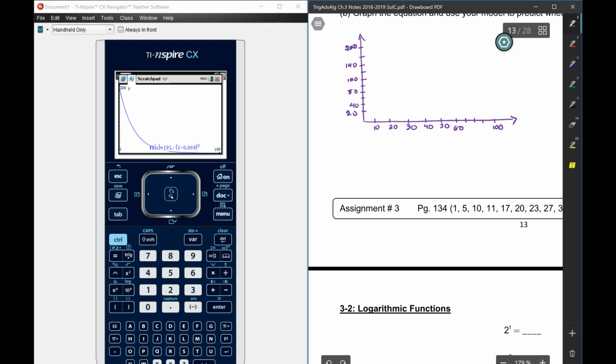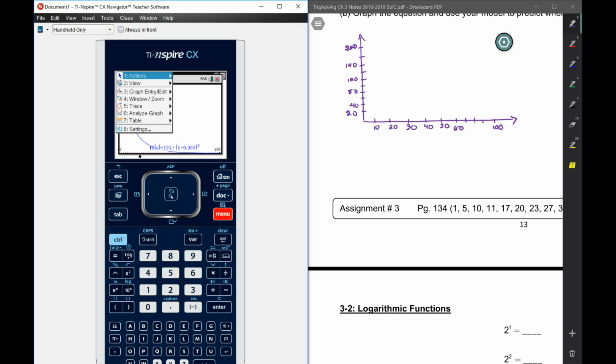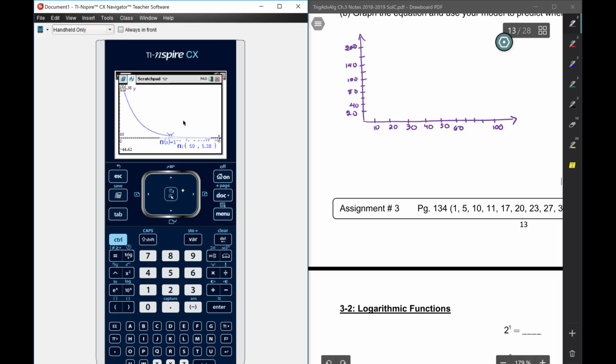Now, how are we going to graph this? I'll show you. When you go to menu and you say trace, menu 5 and 1, it gives you this. Now what I can do is really cool. Suppose I want the value when x is 10. I just type in 10, enter, and it's 93.5.